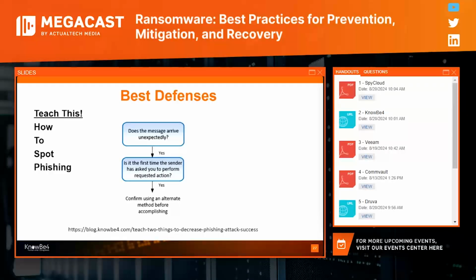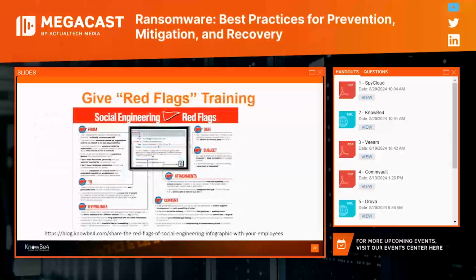Anytime you get an unexpected message that's asking you to do something you haven't done before, you need to verify it using an alternate safe method. Call a known good phone number, not the phone number in the email or in the text message, or go to the company or call tech support, whatever it might be. But anytime you get a message that is unexpected, asking you to do something you've never done before, you need to slow down, think about it, research it before you perform the requested actions.